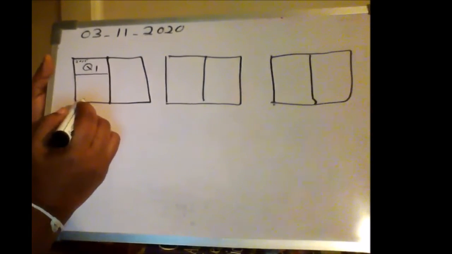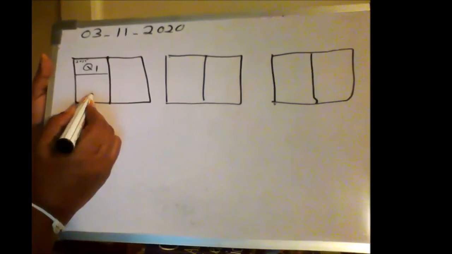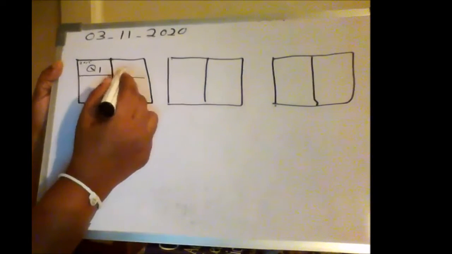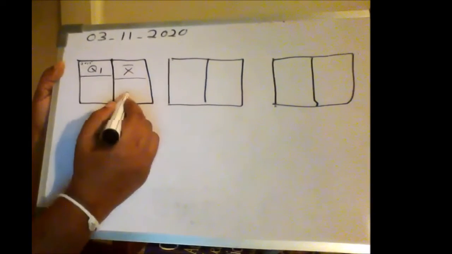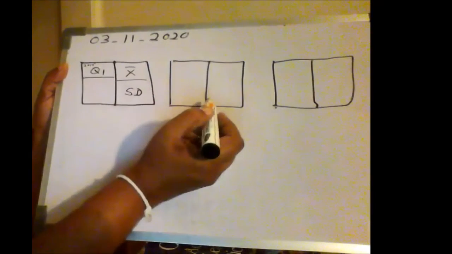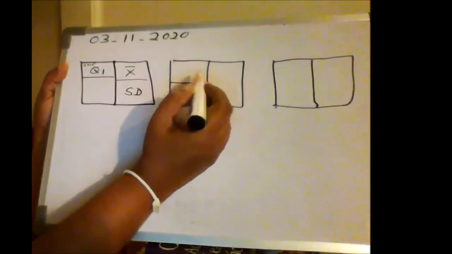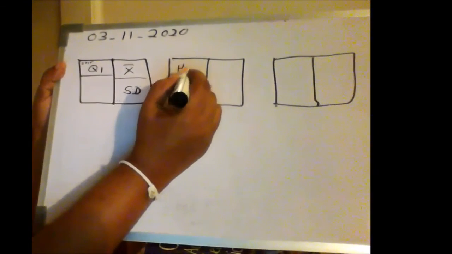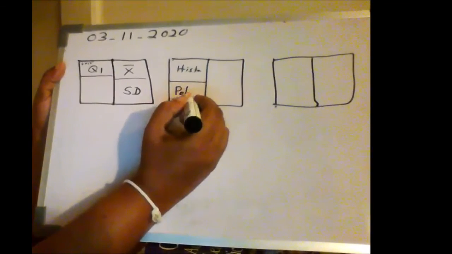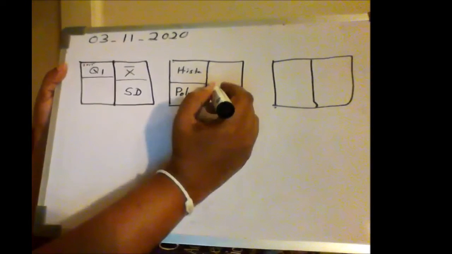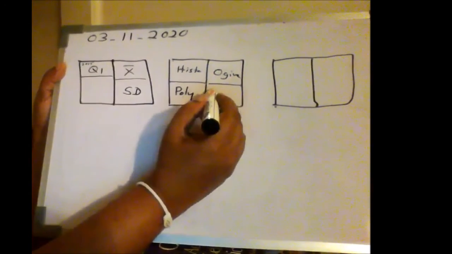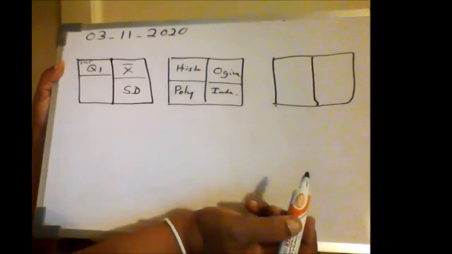And here leave this. This space is for the frequency distribution, right? And here you have to do the arithmetic mean, that is x bar, and this space you have to calculate the standard deviation. Then next page, next side, this half you have to do the histogram, and here polygon, and here ogive, and this one for the interpretation.